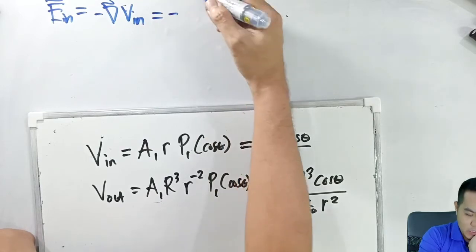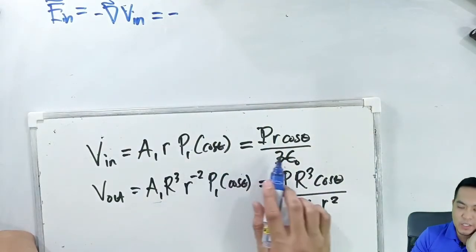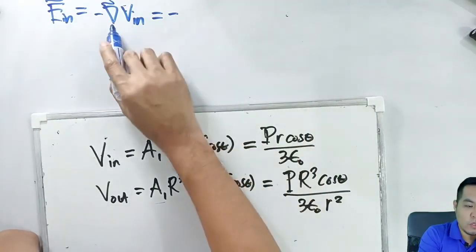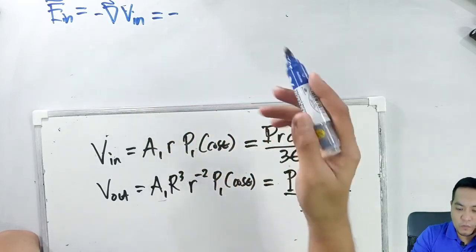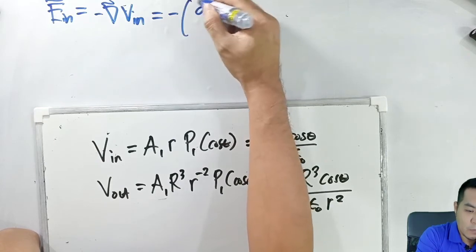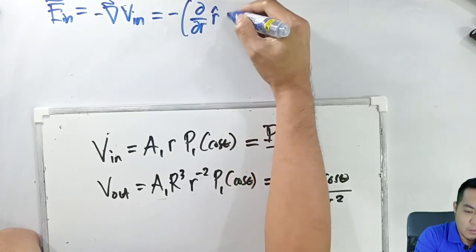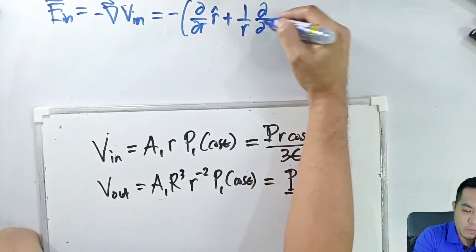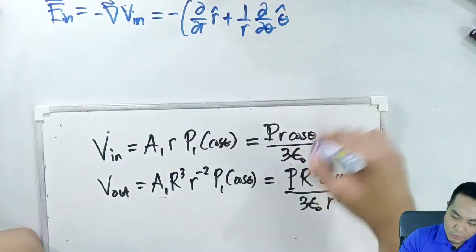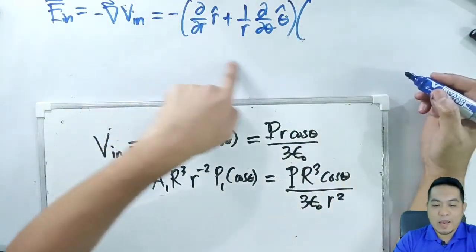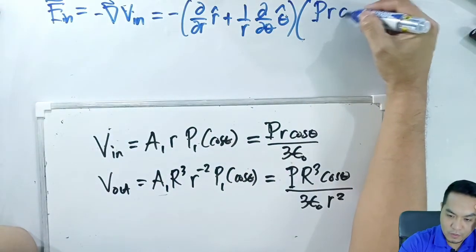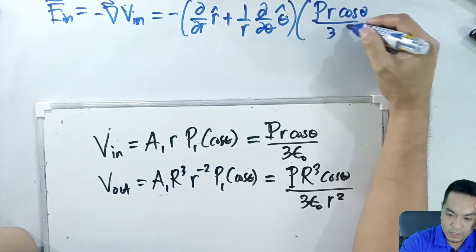If you will notice, our potentials are functions of r and theta, so we need the del operator for r and theta. This is partial with respect to r, r hat, plus 1 over r, partial with respect to theta, theta hat. We'll no longer include the phi component since there's no phi here. And we will apply this operator on the potential inside, which is p r cosine theta over 3 epsilon naught.